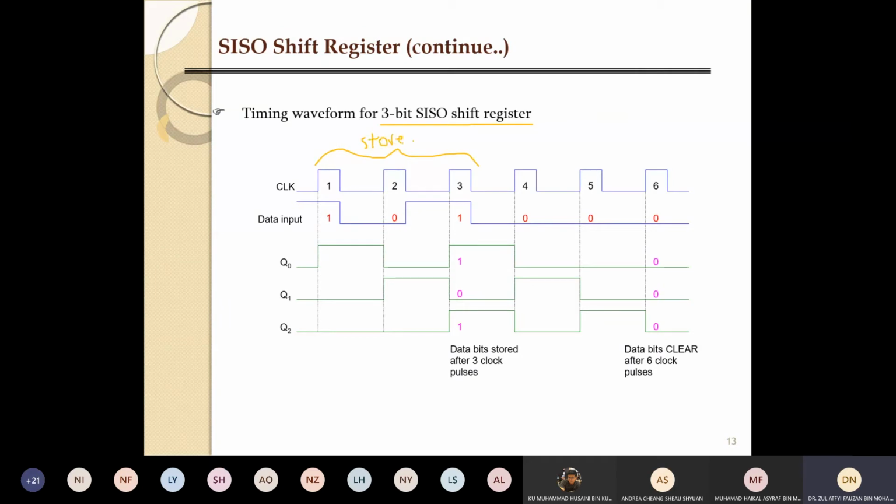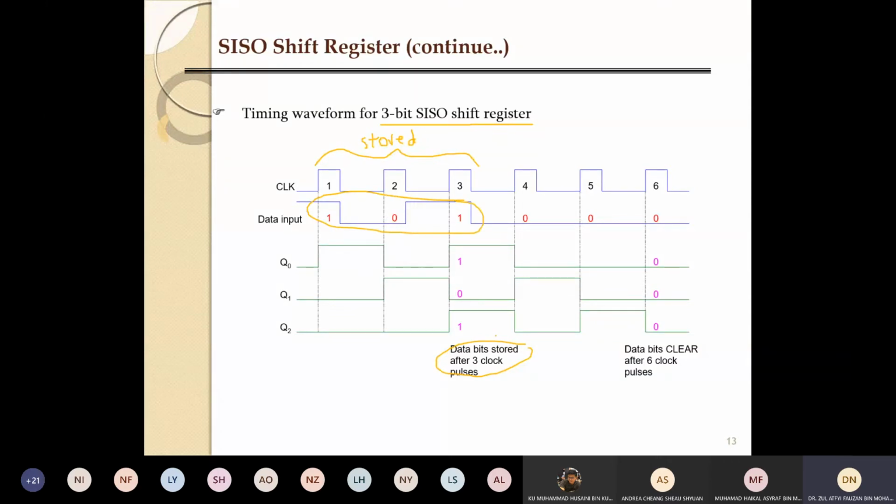Okay, to store 3 data bits after 3 clocks pass. Because this is 3-bit SISO, we have 3-bit data input.